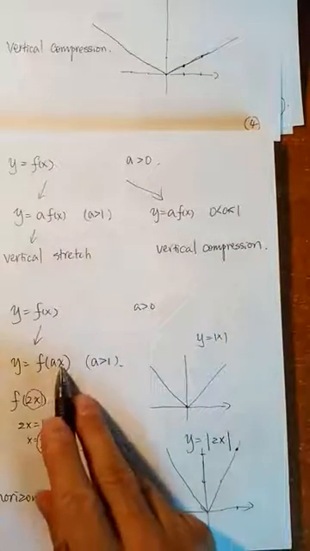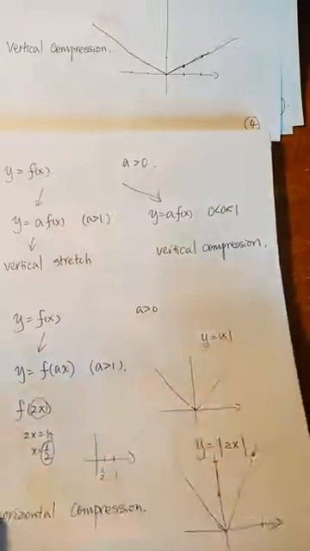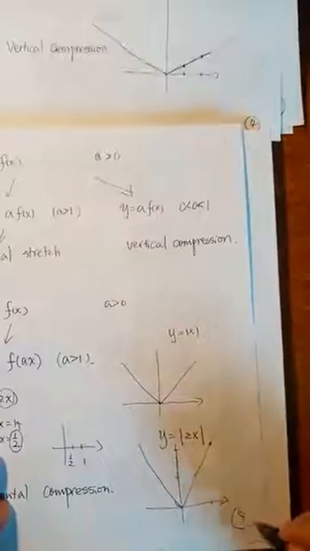When this a is greater than 1, it's a horizontal compression. When a is between 0 and 1, it's a horizontal stretch.